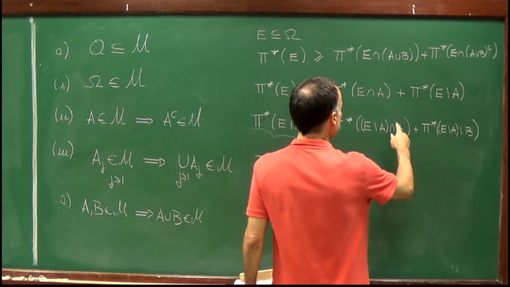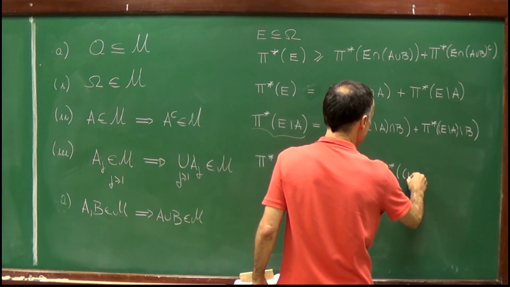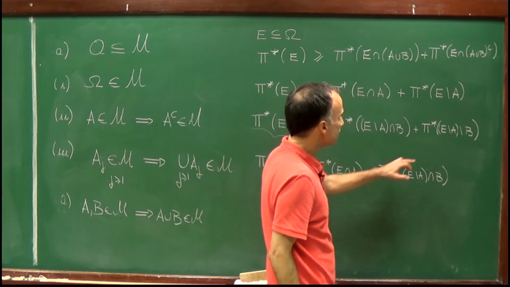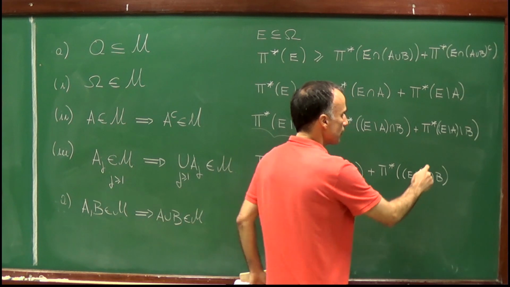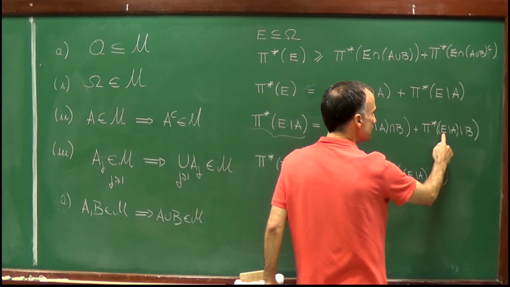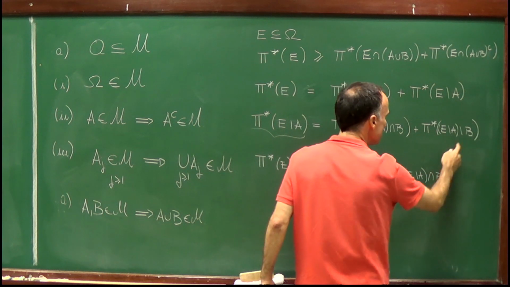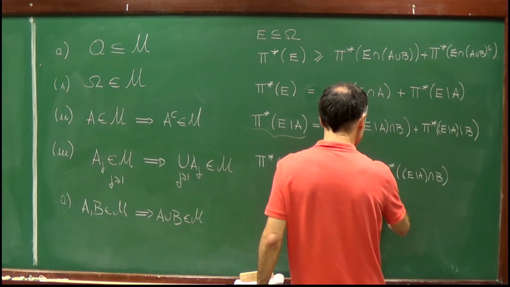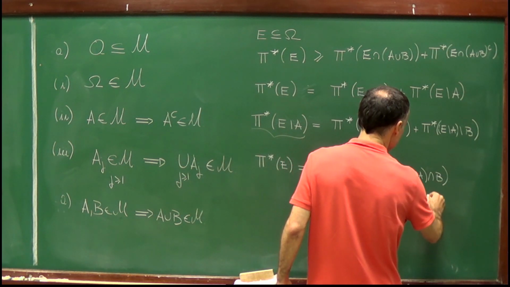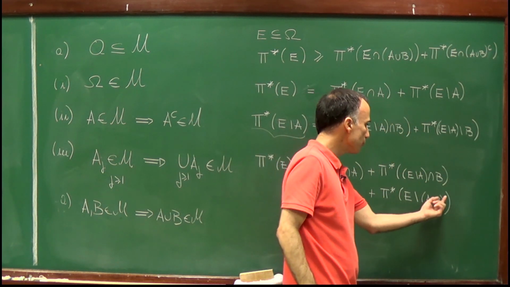P star of E minus A intersection B, and this last set, observe that it's E minus A minus B. So I can rewrite this set as E minus A union B, right? You are taking out from E A and then B. So this is equal to P star of E minus A union B, which is also E intersection A union B complement.